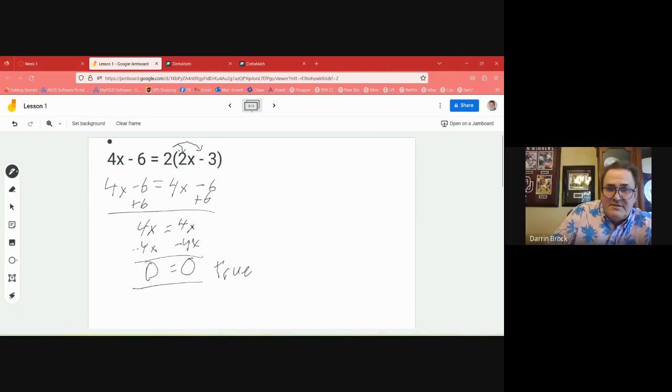So if we're saying x equals 2, 4 times 2 minus 6 equals 2 times, we're going back to the original equation, which means we have big parentheses. We're putting 2 in for the x. On this side, we got 4 times 2 is 8 minus 6.